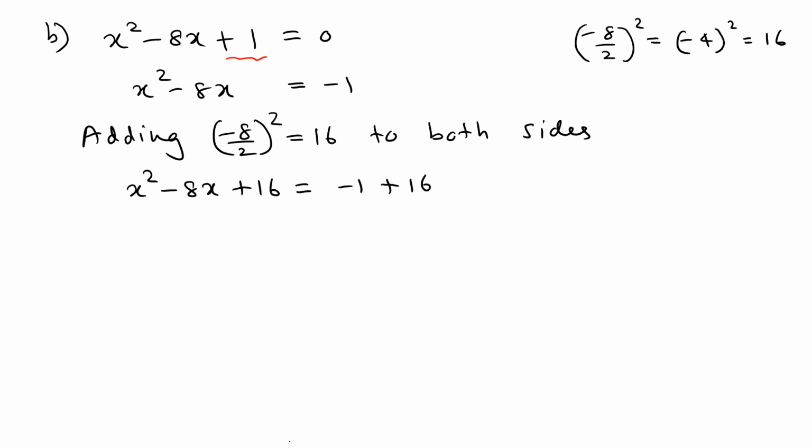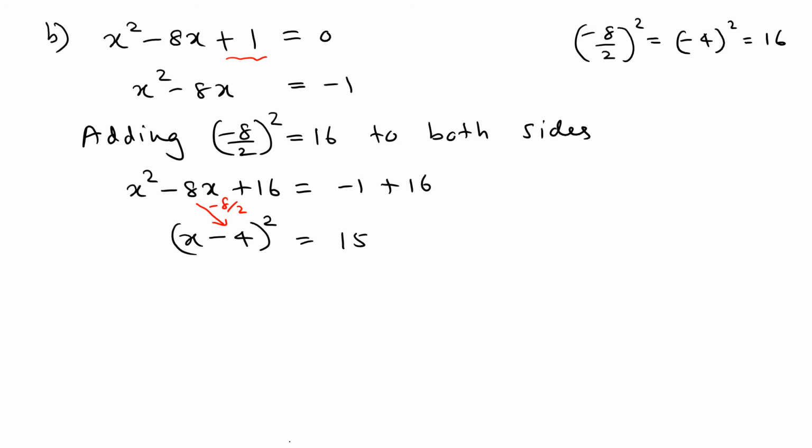Now you can see this side is automatically a complete square, which is x minus 4. Why? That's the half of negative 8. And then the other side, you can see 15. Now we can take the square root of both sides.